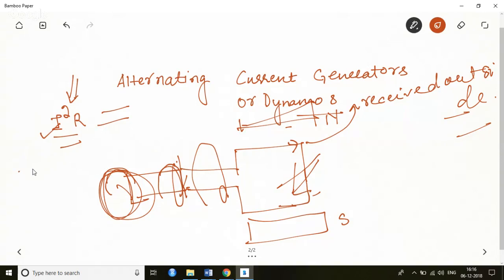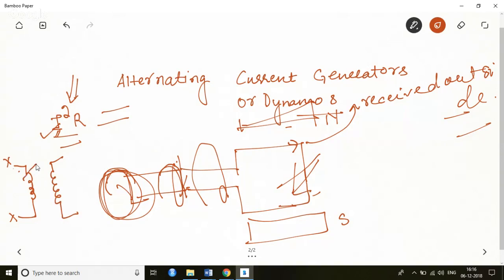In some time, I'll teach you transformers also. That is also based on the principle of electromagnetic induction. So what happens in a transformer, try to understand. On this side I give some input, and there is alternating current in it. On the other side, I have another coil.